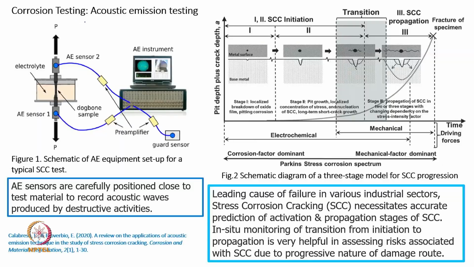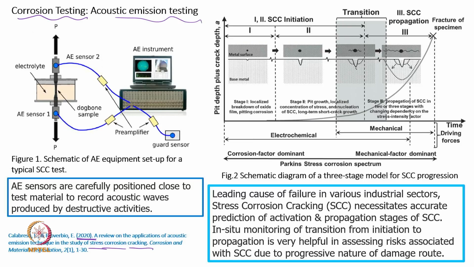Now, I am trying to cover another example, which is connected to corrosion testing using acoustic emission. The importance is given to this testing because corrosion will start, propagate and cause a failure. This is the SCC, which we already have covered, and it comes from a 2020 reference.